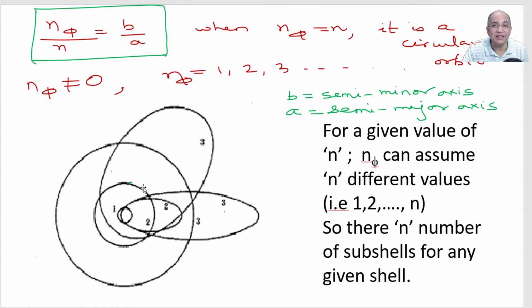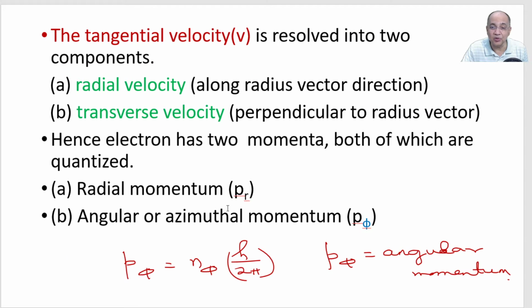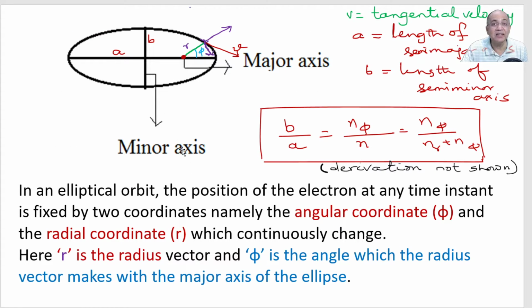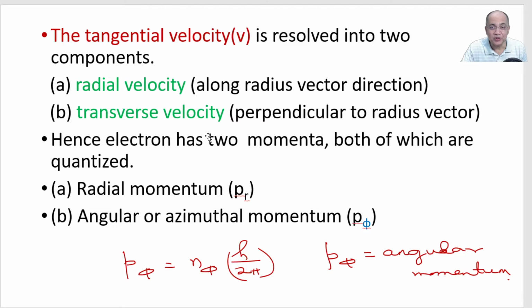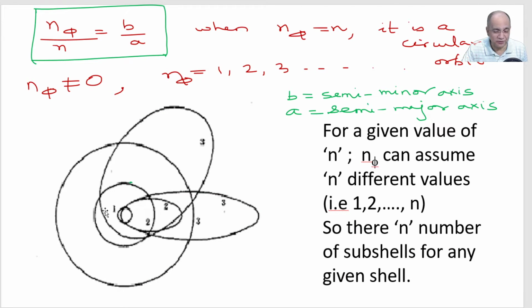The major axis is equal to the minor axis, and that is nothing but a circle. Circle, as you know, is a special case of ellipse. So the K cell, the first cell, has only one subcell, that is itself, and that is circular, not elliptical.